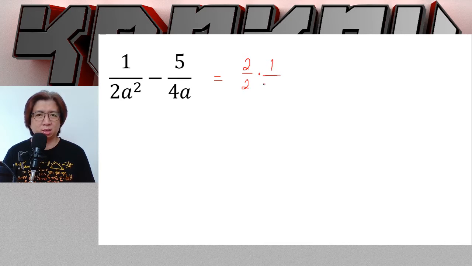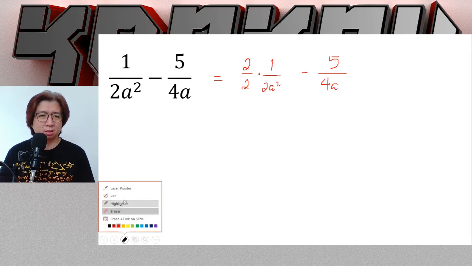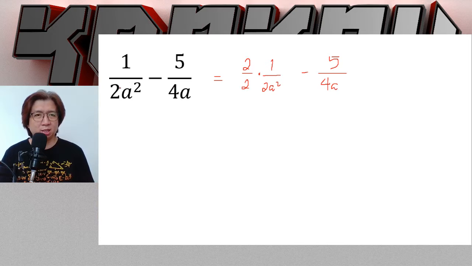Since the first term has a squared denominator and our second term has only a, I have to multiply it by a over a.